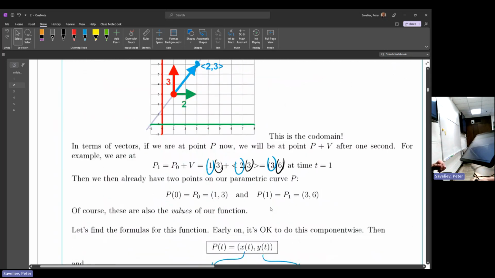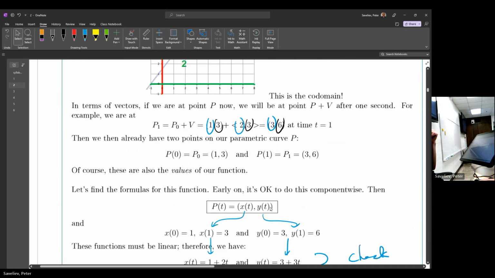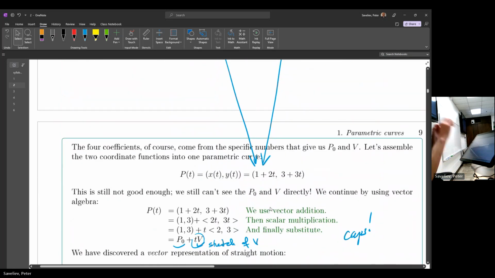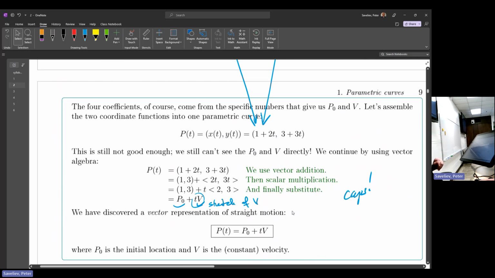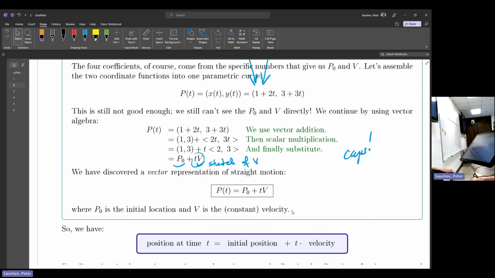That's the way we're going to adopt for the rest of the course: parametric curves written in vector notation as much as possible, including all the calculus. So we're going to differentiate this too. But once again, it doesn't have to be more complicated than it has to be.